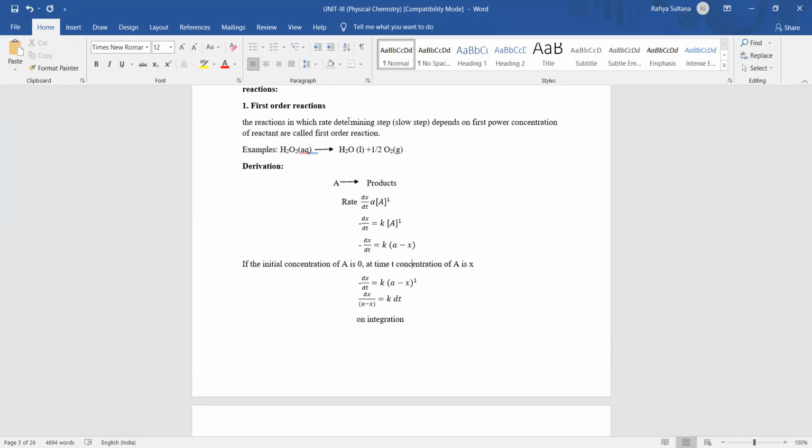What is actually a first order reaction? Anybody? It is already there on the screen also. What is a first order reaction?